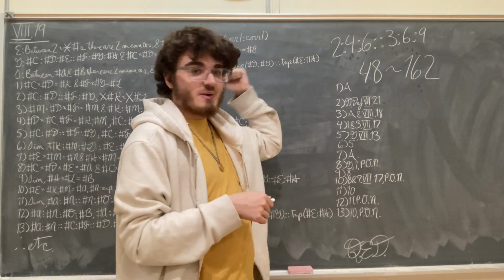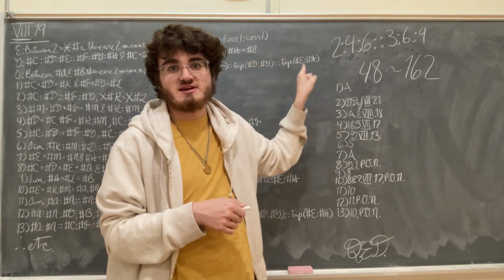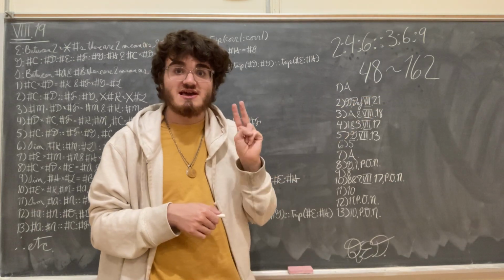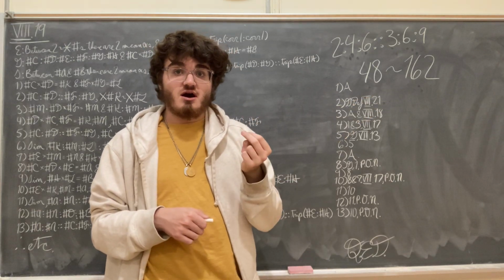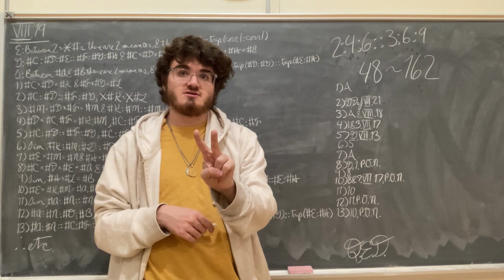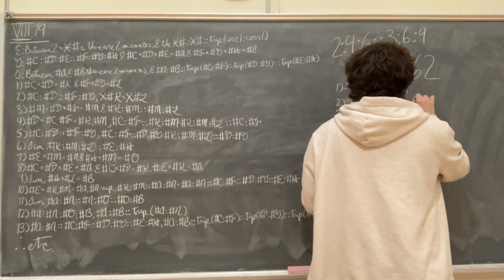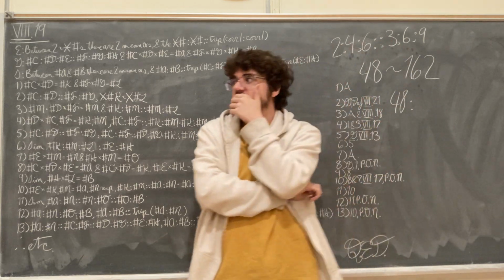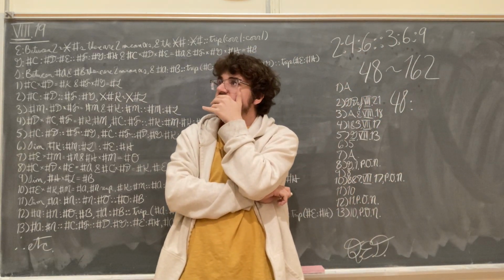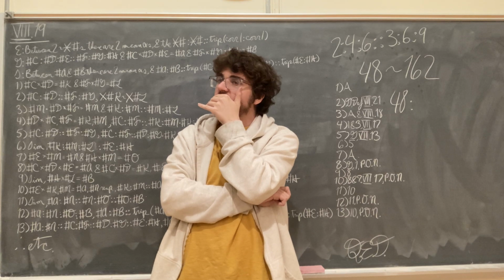And so what this proposition tells us is that because 48 and 162 are two similar solid numbers, there are going to be two mean proportionals between them. What those would look like, let me think, they would be 72 and 108.